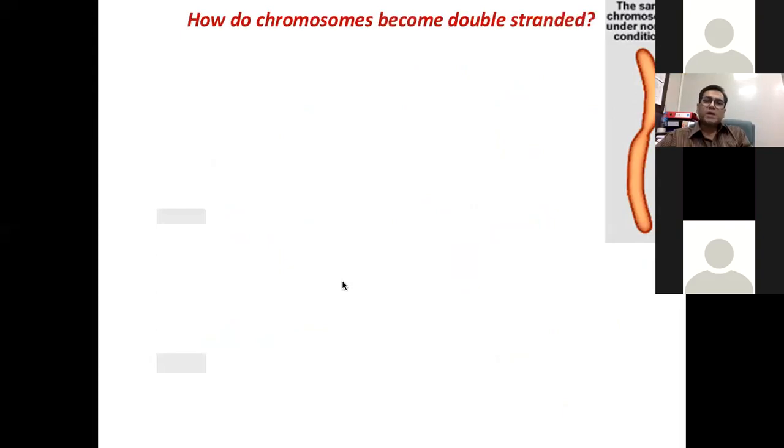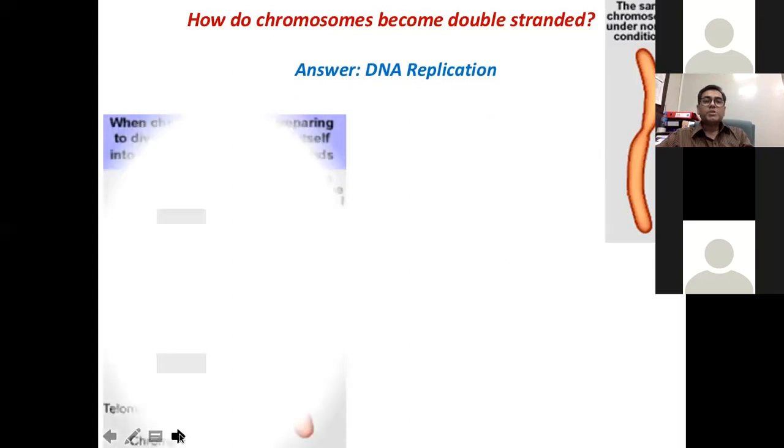Do you know how these single stranded chromosomes are converted into double stranded structures? Do you know that? How they become double stranded? Yes, they become double stranded by the process of replication. The process of replication makes them double stranded.